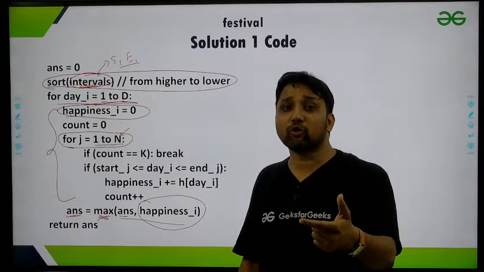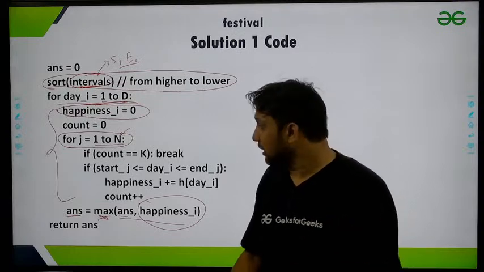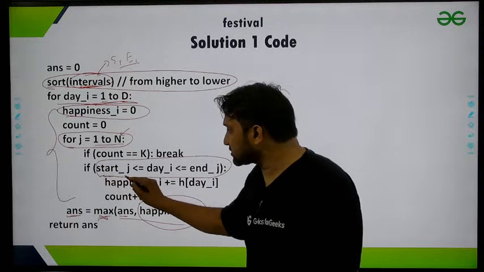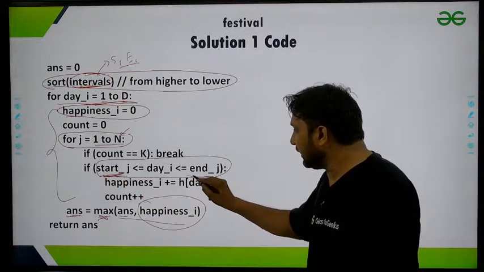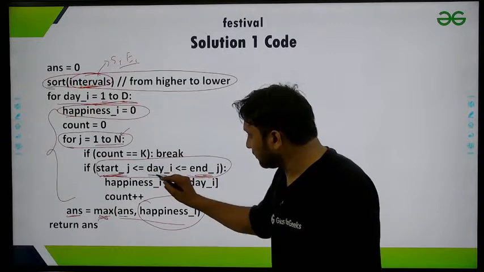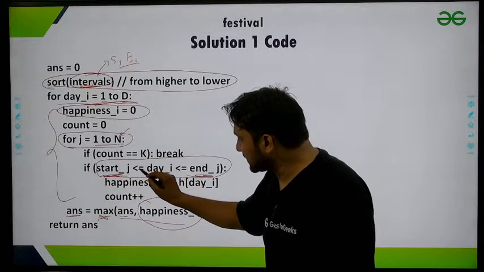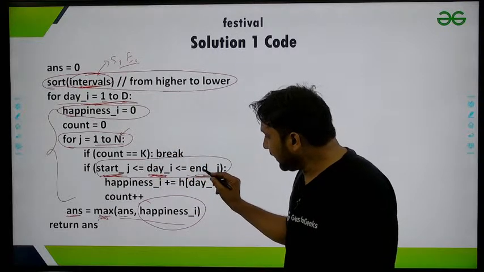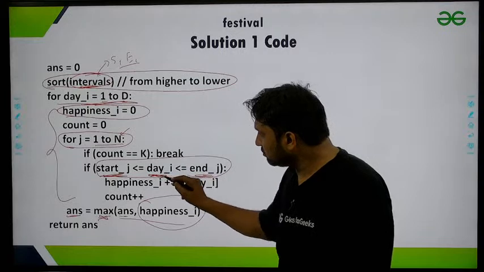How will I find out that this ride is happening on that day? Simple, I check by this condition. The starting day of the ride must be less than or equal to the current day, and the ending day of the ride must be greater than or equal to the current day.